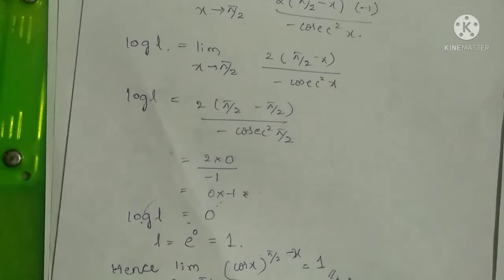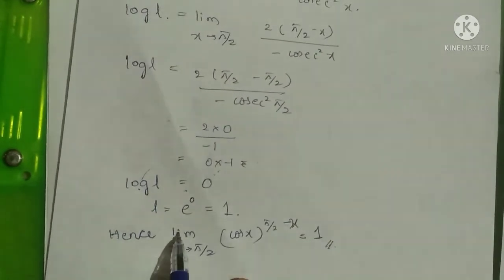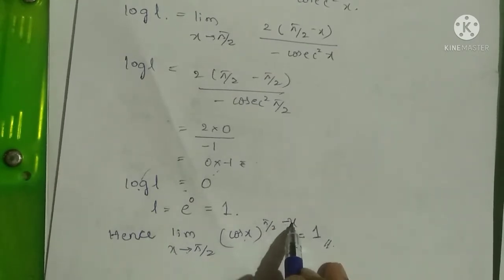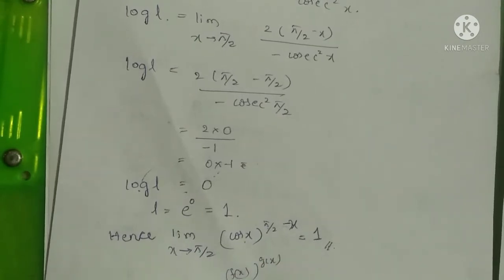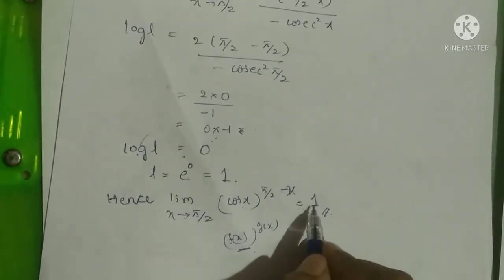Hence the solution. When you have limit x tends to pi by 2 of (cos x) whole to the power of (pi by 2 minus x), it is in the form of f of x whole to the power of g of x, and you get the answer as 1.